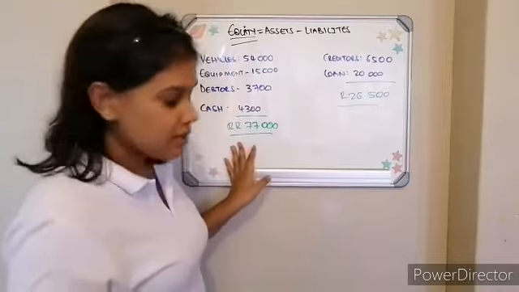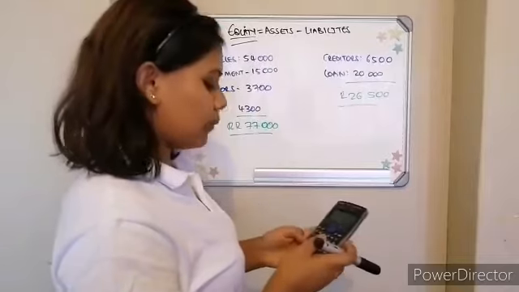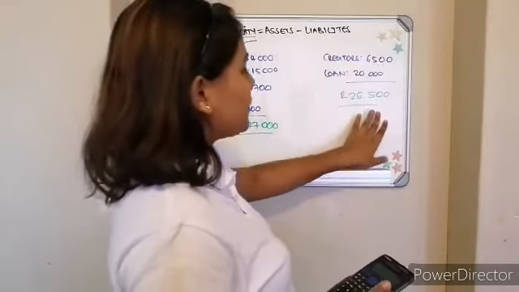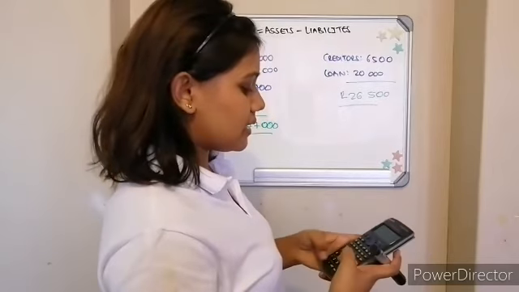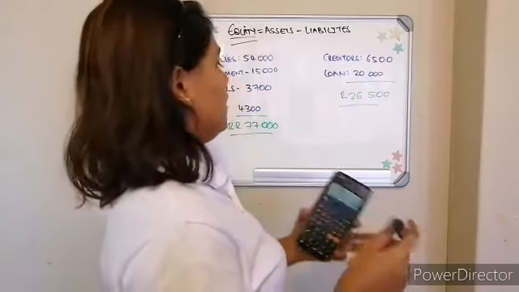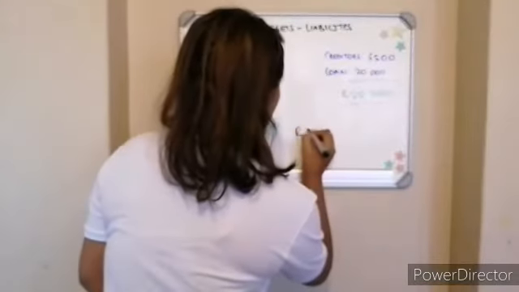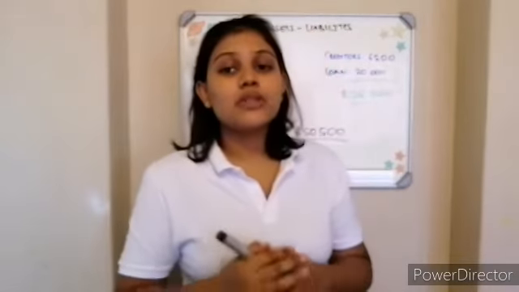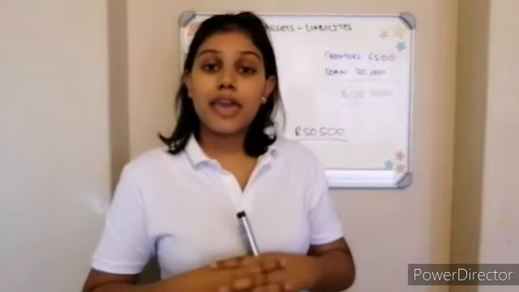So let's do that. Our assets, 77,000 minus our liabilities, 26,500. Guys, that brings us to 50,500. 50,500 being the equity, or in other words, the interest of Nix in his business.